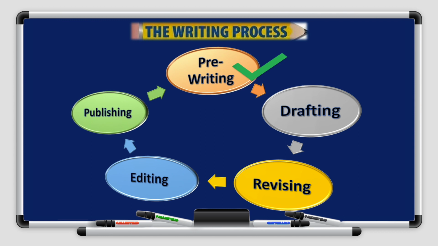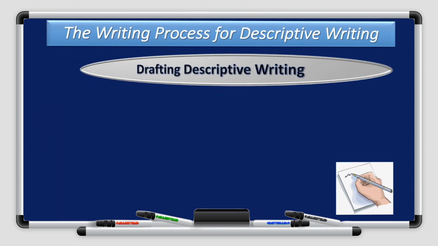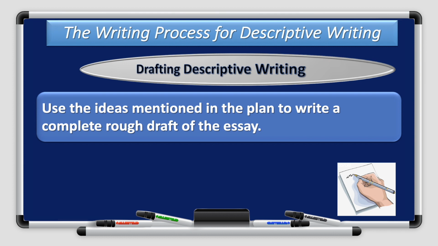We move on to stage number 2, which is drafting. In the drafting stage, you're going to use the ideas mentioned in the plan and you're going to write a complete rough draft of the essay. Focus on the word rough here. So it's not the final draft yet, it's just a rough draft that you can edit later on.